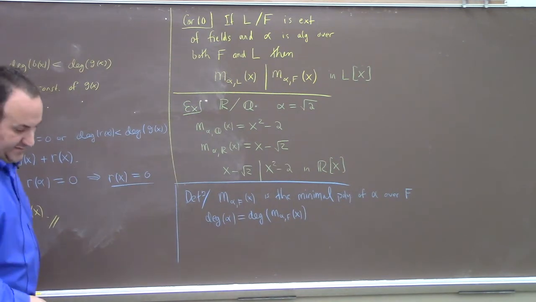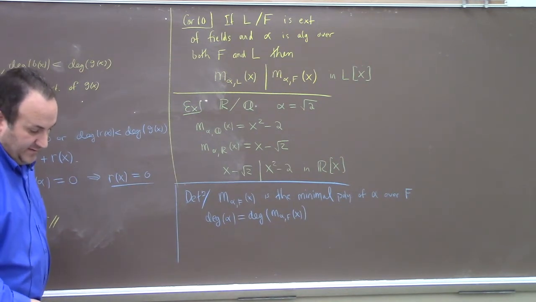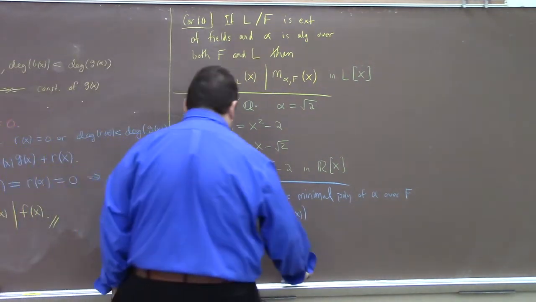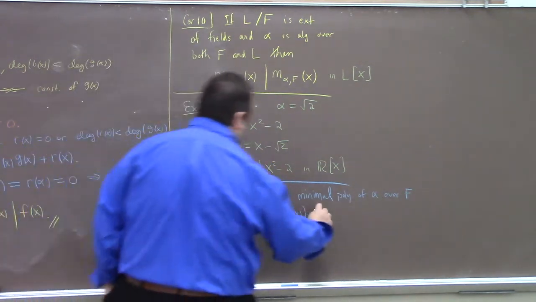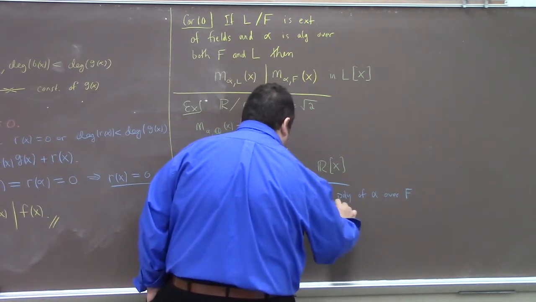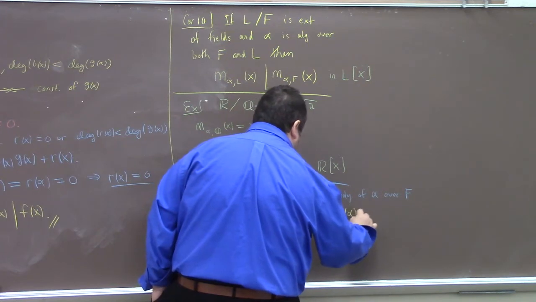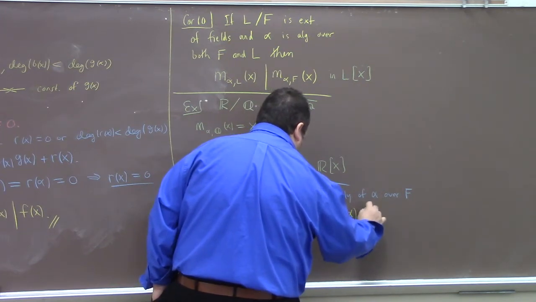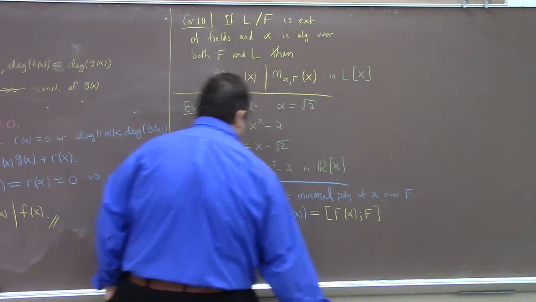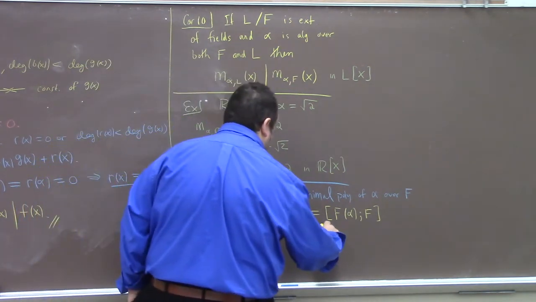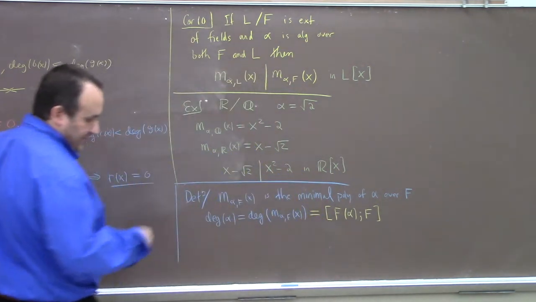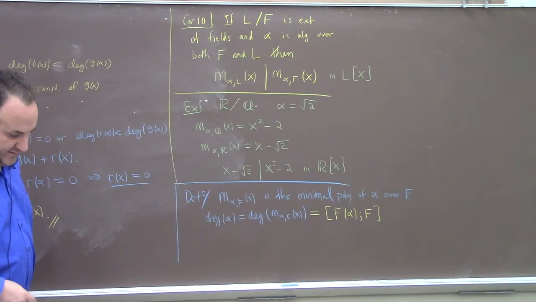And proposition 11 says that this is also equal to the dimension of the extension of F by alpha. So this is what I wrote in yellow just now. That is proposition 11.